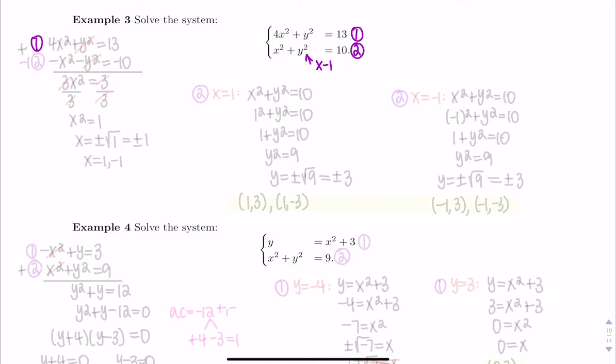So equation 1 isn't changing, and equation number 2, I'm multiplying by -1. So we get -x squared minus y squared equals -10.